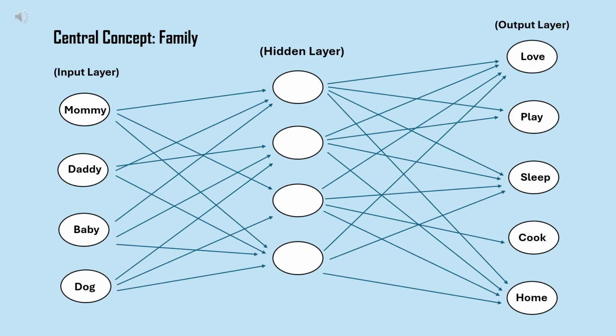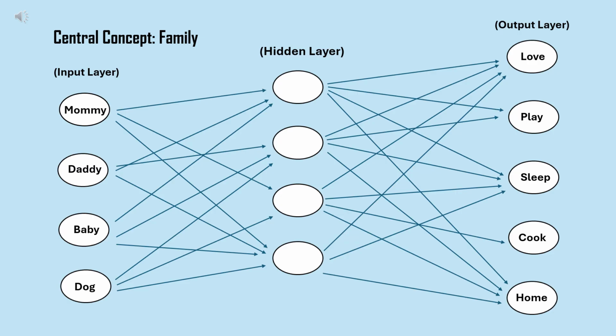And at last, we have our visual model. So you can see that our central concept is family. We have our input layer, which are the words that Emma is going to hear. Then they'll go into the hidden layer, which is what happens in Emma's brain. It's where she's connecting the input to the output. So then we go into our output, which is where we have words that have related meanings.